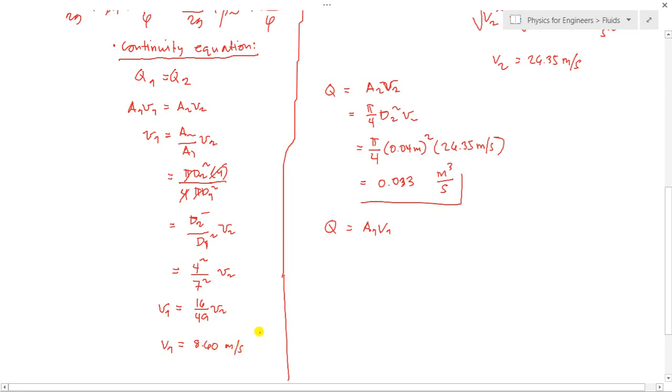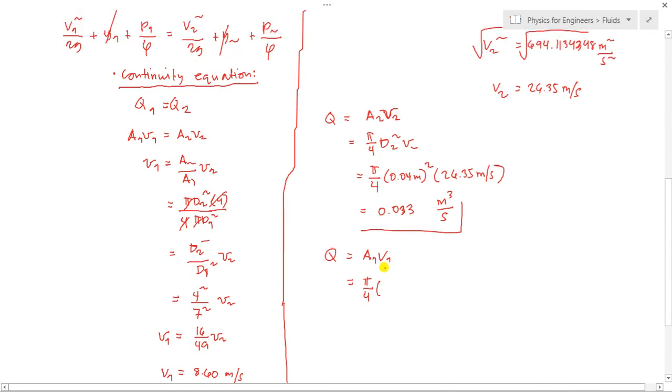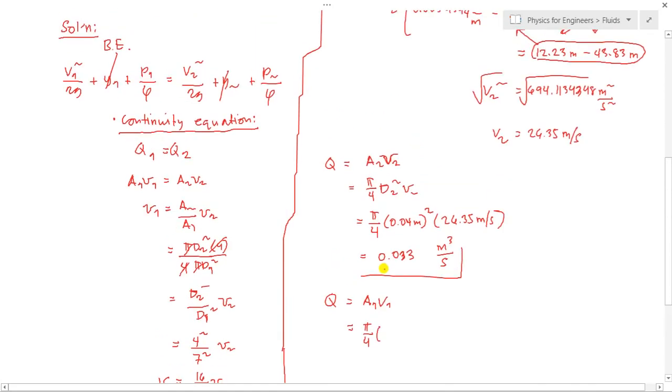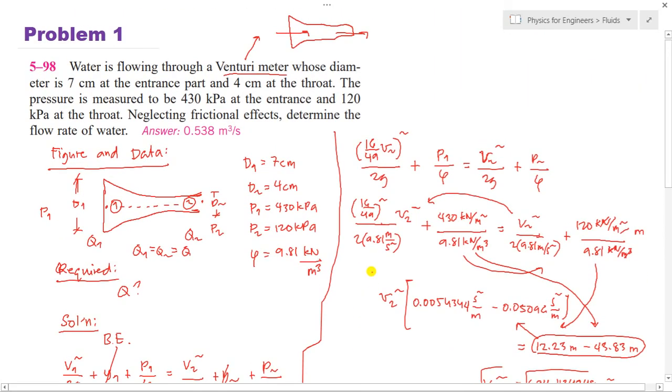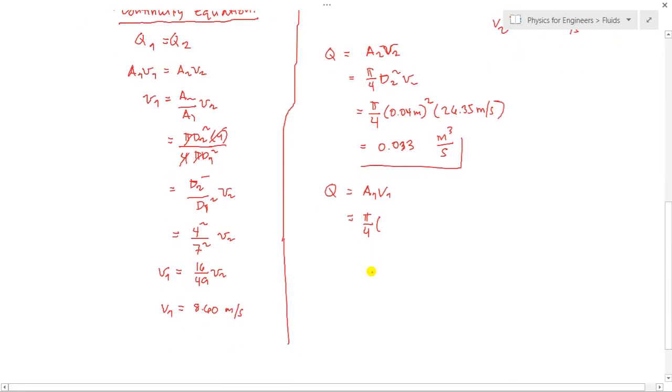Then we check pi over 4 times the diameter, the initial diameter is 7 cm, so 7 over 100 squared times 8.60.